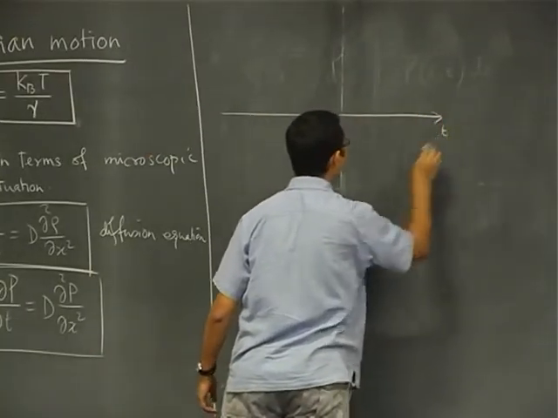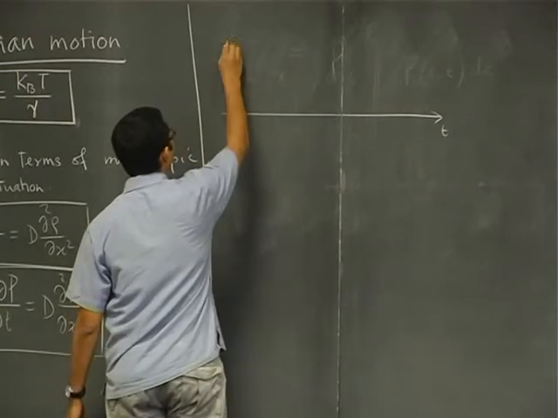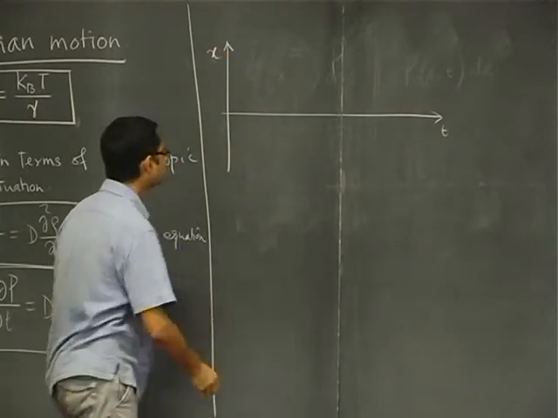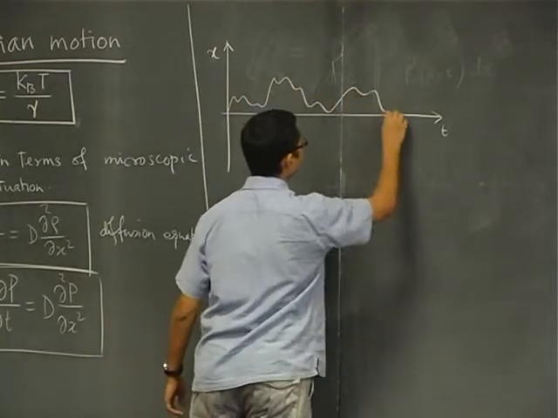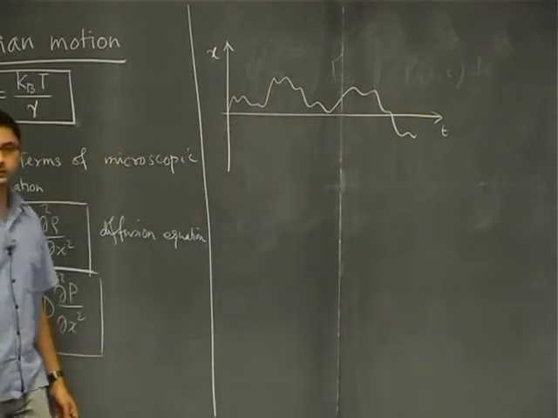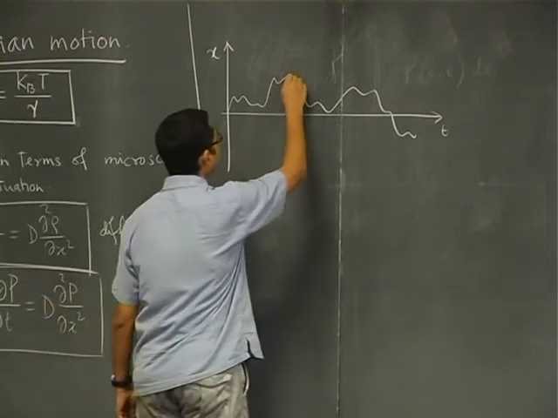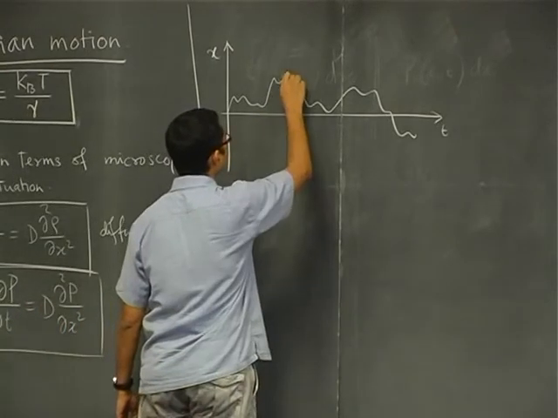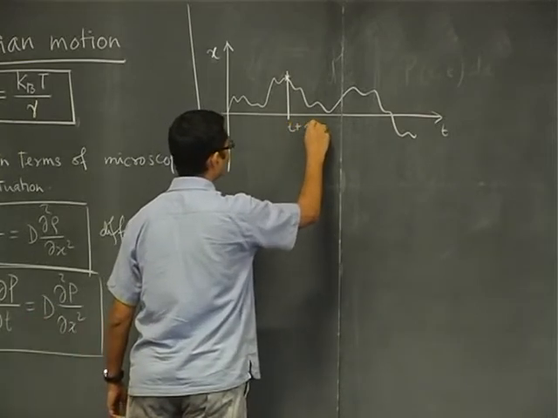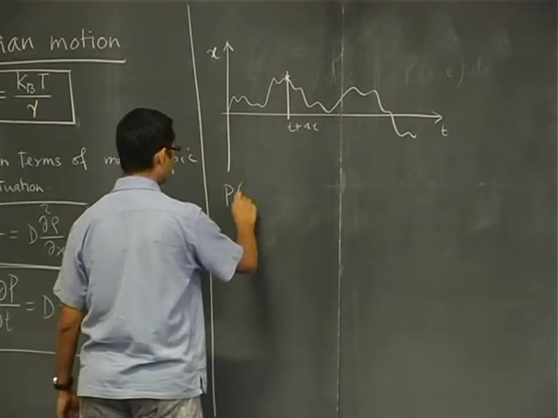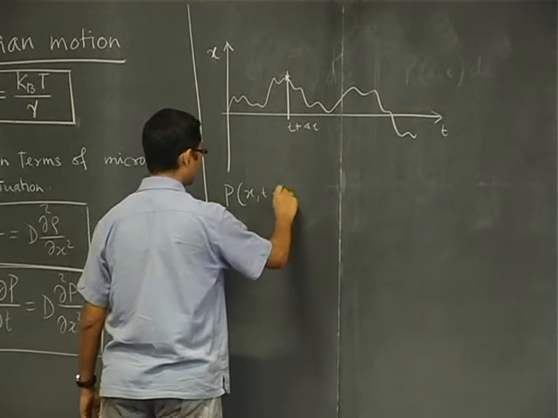So this is my time t, and this is my position x, and let's consider a trajectory. It goes from here and looks something like that. Now I want to find the probability at, let's say, t plus delta t. So the probability that it is at x at t plus delta t.